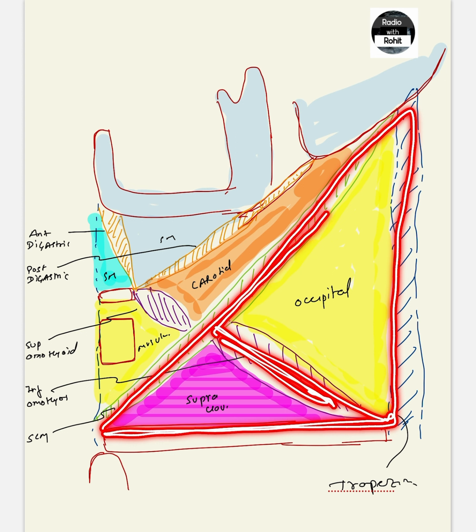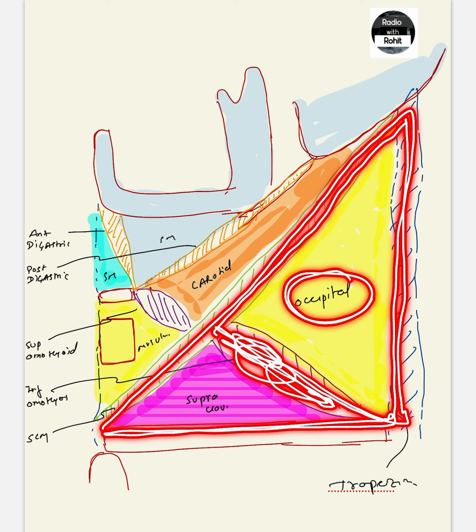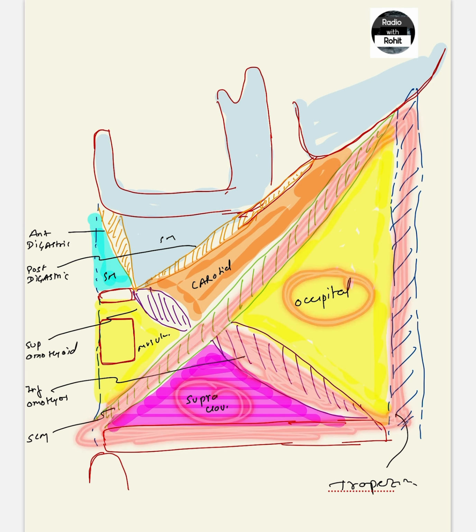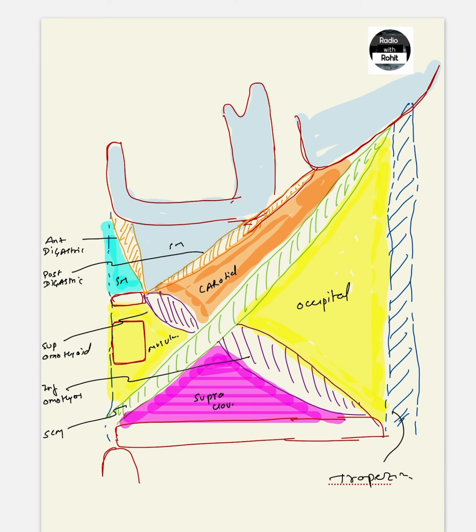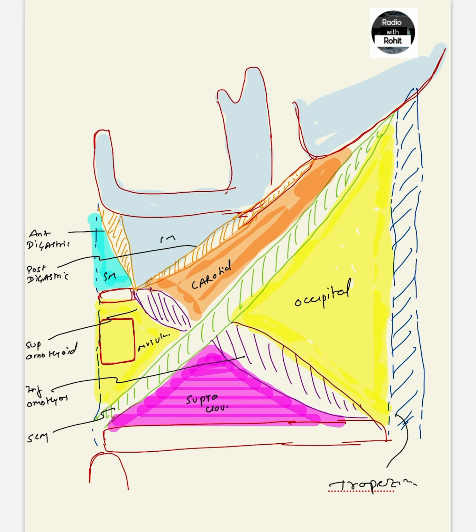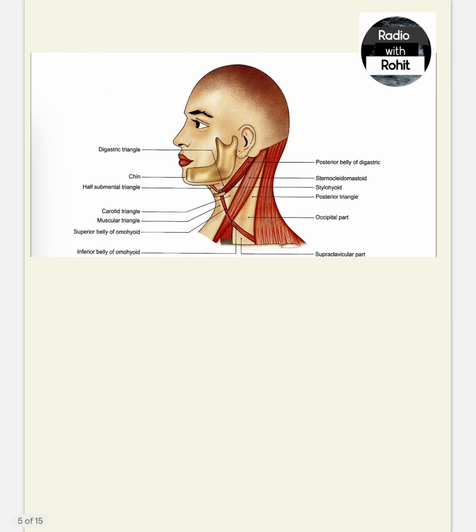The space between the superior and medial part of the sternocleidomastoid, trapezius, and inferior belly of the omohyoid is called the occipital triangle, and the space between the lower part of the sternocleidomastoid, clavicle, and inferior belly of the omohyoid forms the supraclavicular triangle. So after discussing the brief triangles of the neck, now we will discuss further.